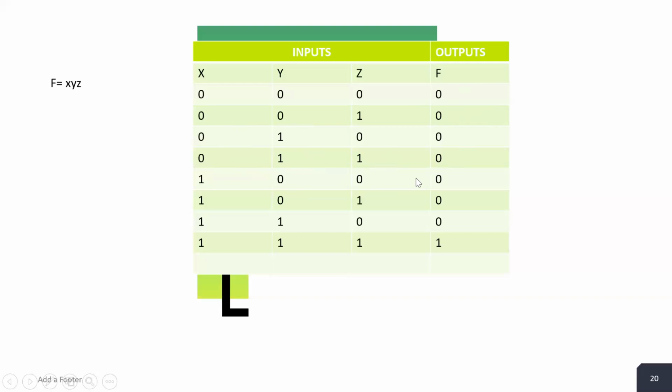In this case also 0, and only 1 is there when all inputs are 1, meaning all inputs are on. Then the output is 1, otherwise not. And these truth tables you can draw according to the equations. Clear?